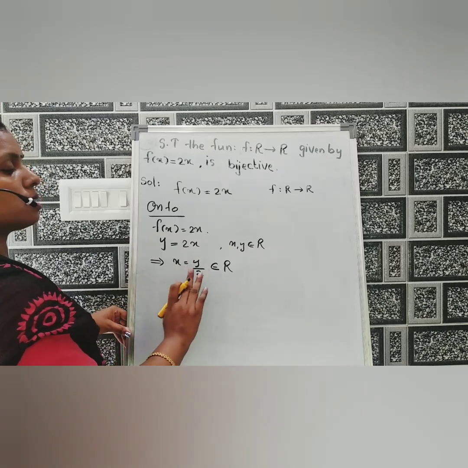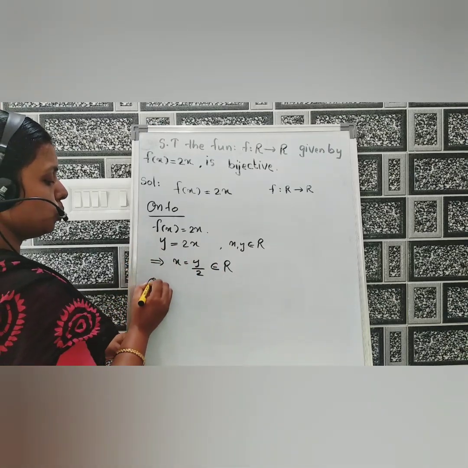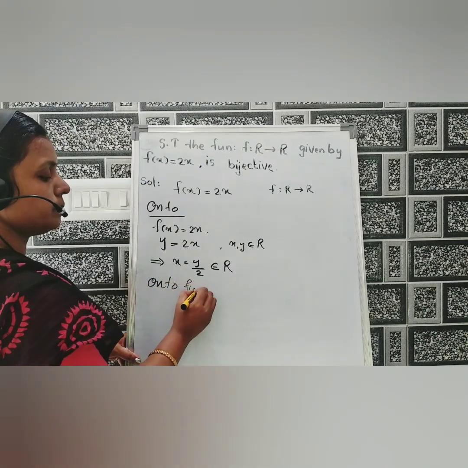Therefore x belongs to R. Then we say that this function is onto.